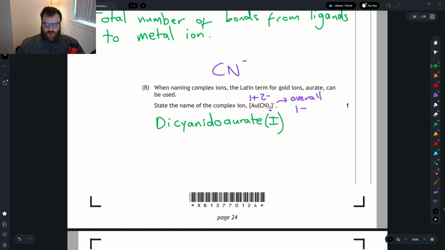The metals will always be positive. So let's say you might have been in this position where you're not sure what charge is on the cyanido. If that was 0, the only way you could get 1 minus overall would be for it to be gold 1 minus. But that's not what's happening here. The gold is going to be positive, and in this case it's going to be +1. So dicyanidoaurate(I) would pick up the mark for that one.